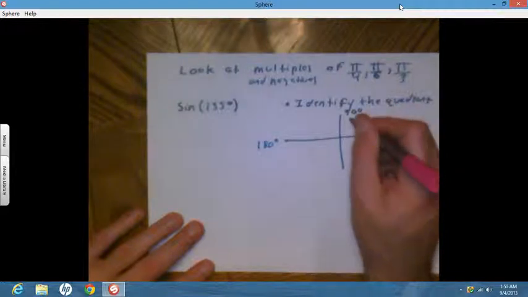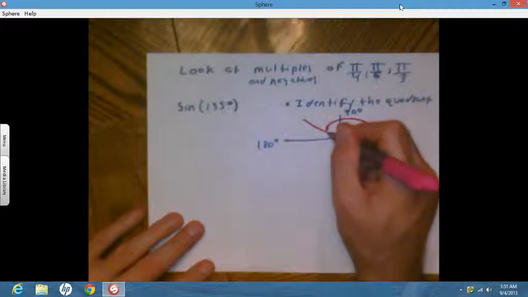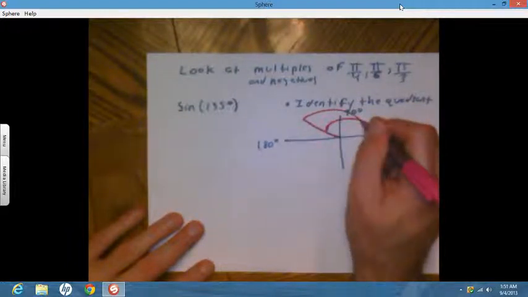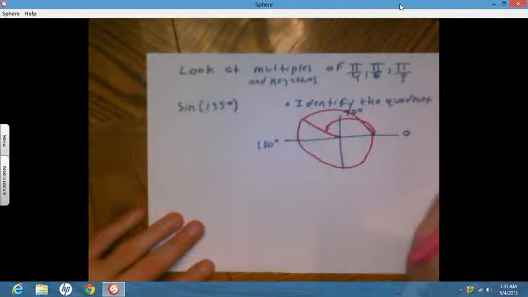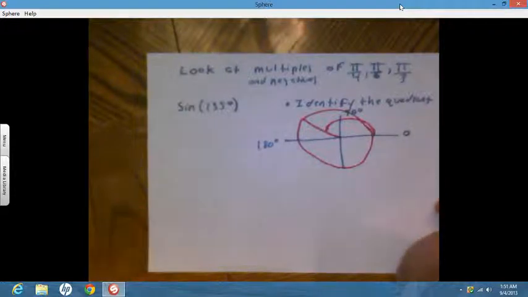Here's our terminal side. And just pretend this is my unit circle here. Good unit circle, right? Okay. So this angle over here is 135 degrees. Sorry for that picture. And we stopped over here going to 135 degrees.